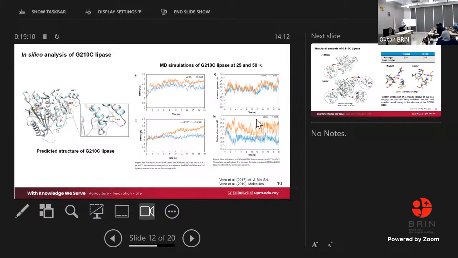The more stable the protein is, usually the structure is more compact compared to the cold enzymes that are more flexible in structure and less rigid or compact.